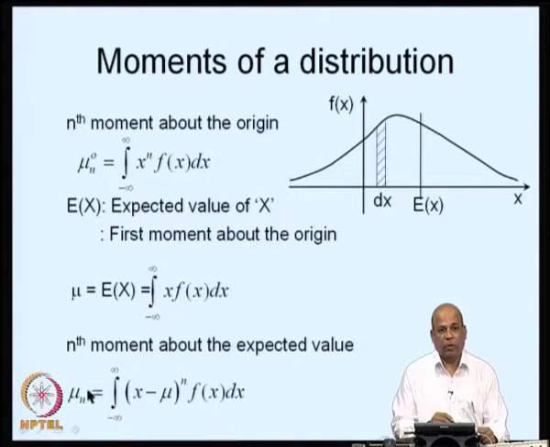So, if we write only mu n, it implies that we are taking the moments about the expected value, and that is defined as integral minus infinity to plus infinity x minus mu to the power n f of x dx, where f of x is the PDF of x. This will define the nth moment about the expected value.